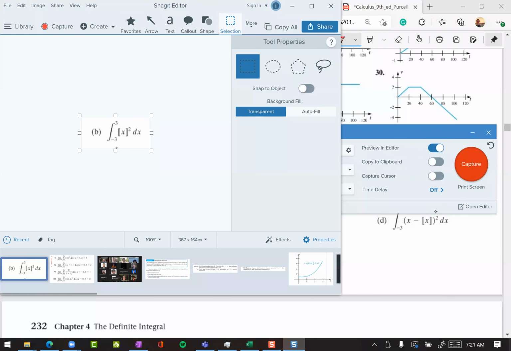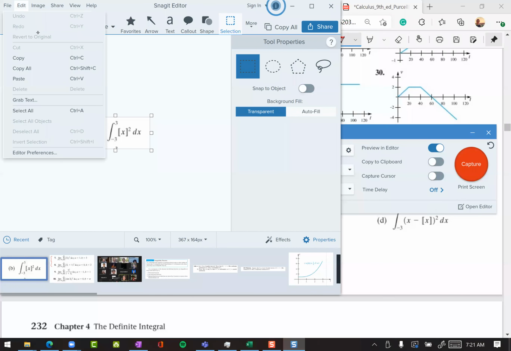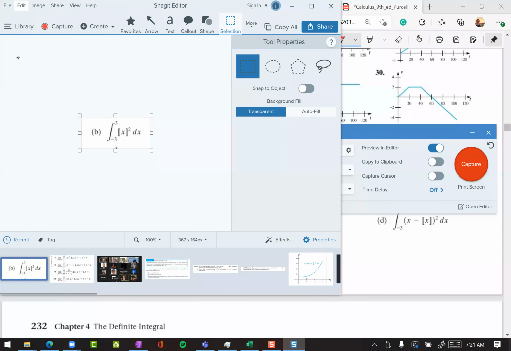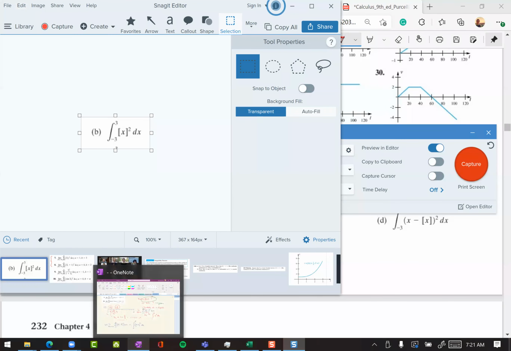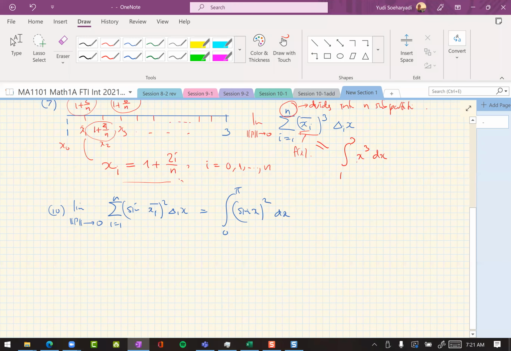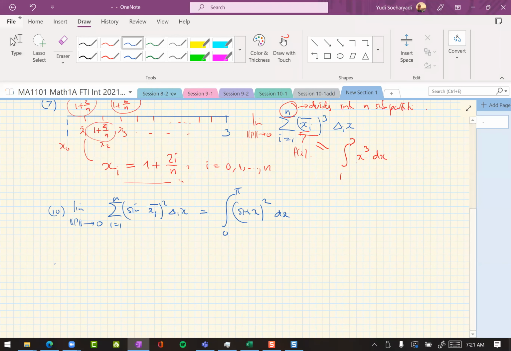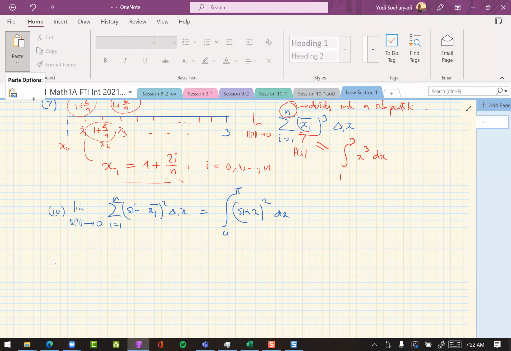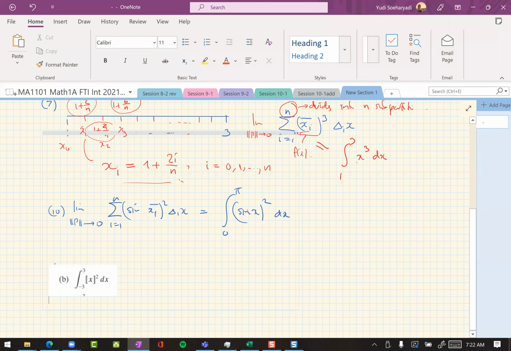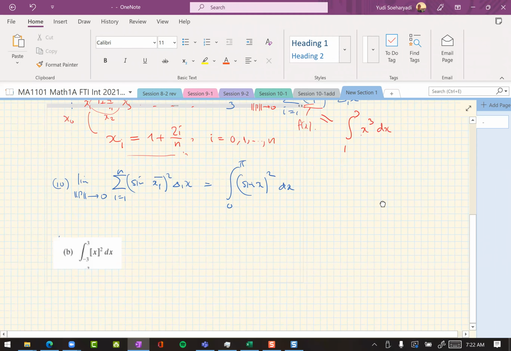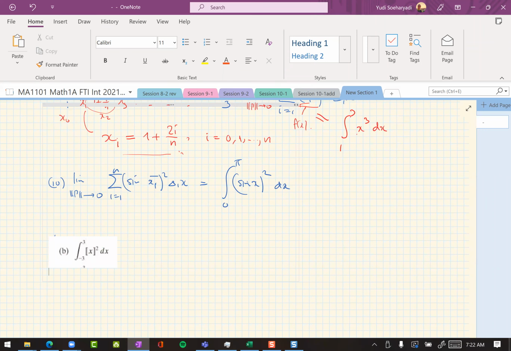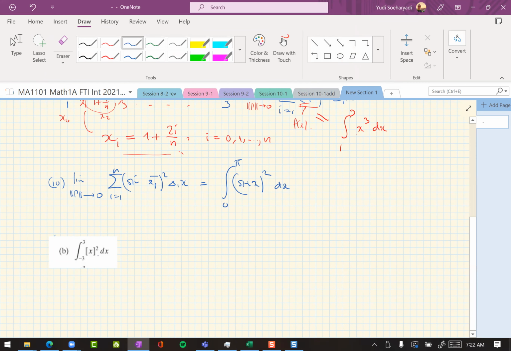What it says is use geometric reasoning for this one. All right, so what we do is try to picture this problem.